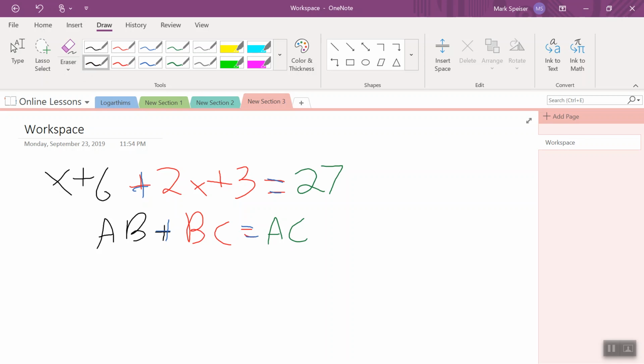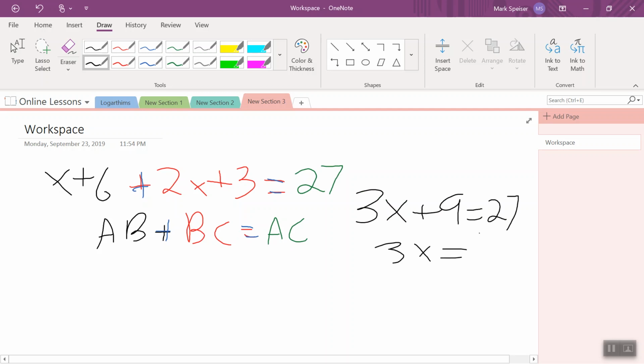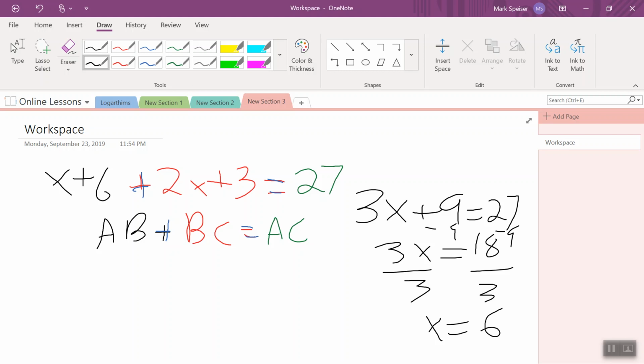But for a quick review, x and 2x is 3x, 6 and 3 is 9, equals 27, 3x equals 18, divide by 3, x equals 6. Once I know x equals 6, I can substitute in, get the value of each line.